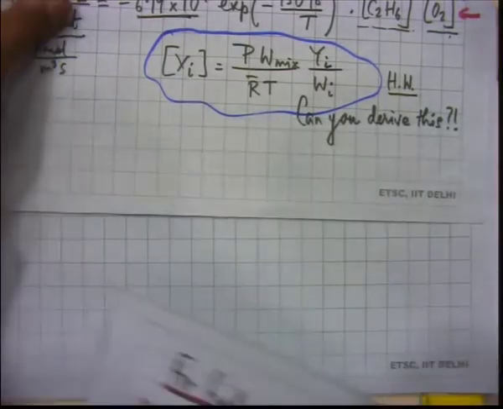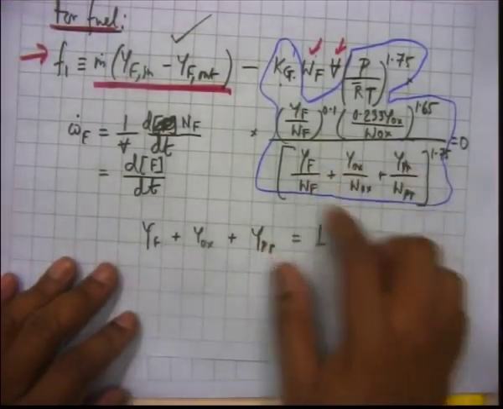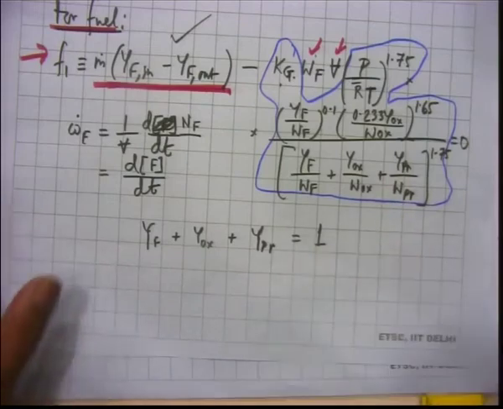So, the mixture molecular weight has been expressed in this equation. Mixture molecular weight has been expressed in terms of individual mass fractions. How?